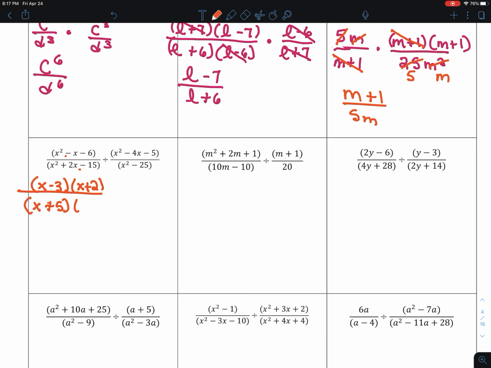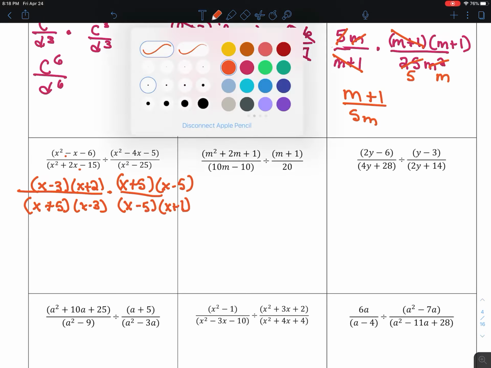So x plus 5, x minus 3. Then we flip it. So x squared minus 25 is the difference of two squares. So that's x plus 5, x minus 5. And what can I multiply to get negative 5 and add to get 4? Negative 5 and 1.